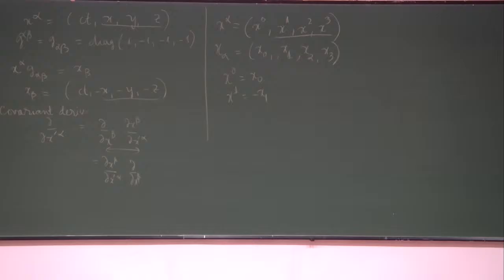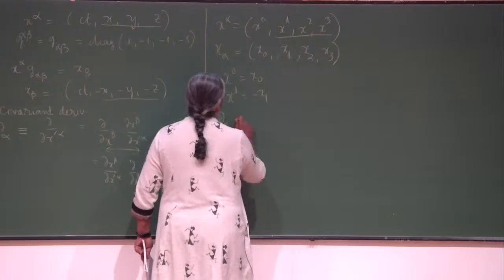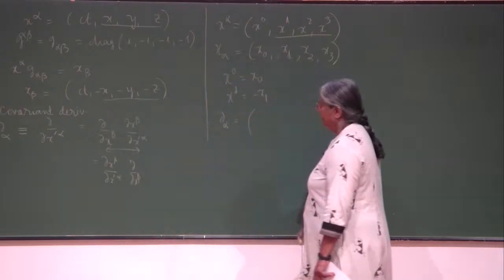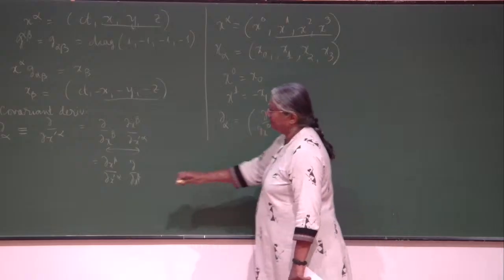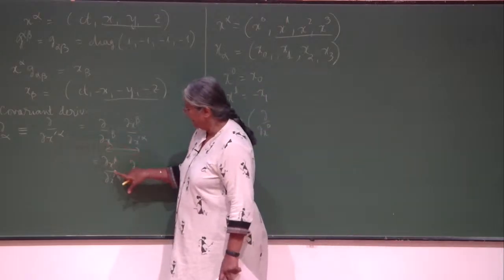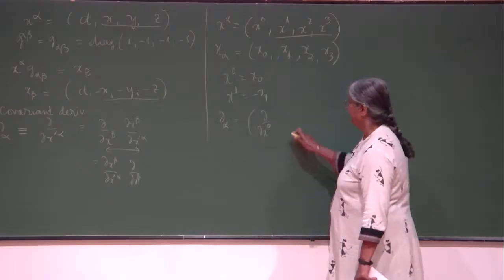Is it clear? So this, I will therefore give the symbol d alpha, lower. And then I will write d alpha lower is d by dx. See, it was related to d by dx upper, always the x's are upper x's, right?